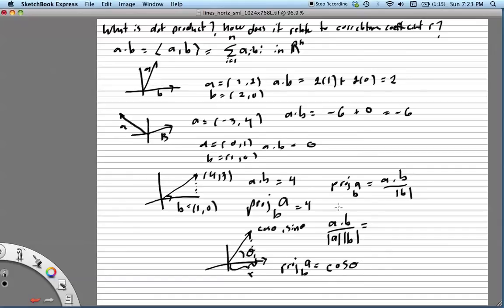And we can say that for any two vectors, whether they're unit or not, they can be made unit in this way. So we can say in general, the cosine of the angle between any two vectors is their projection onto each other were they unit vectors.